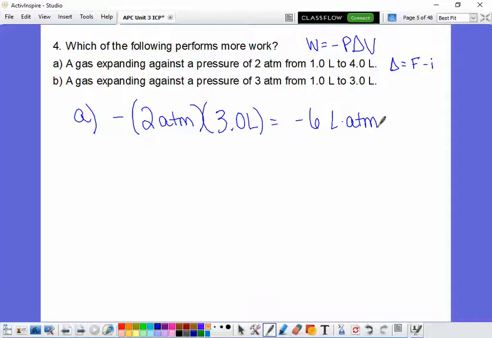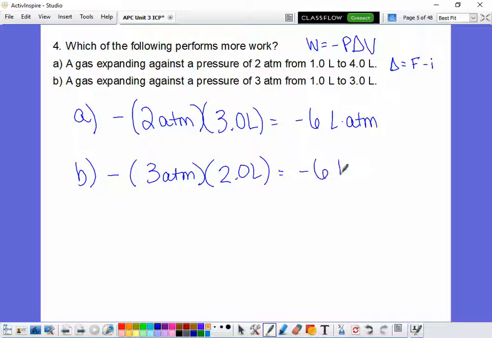Okay? And now we're going to do the same thing for B. What's my delta V for the second one? 2. What's 3 times 2? 6. So this one's also negative 6 liter atmospheres. So which one performs more work?